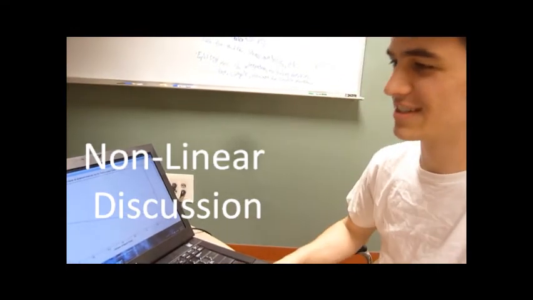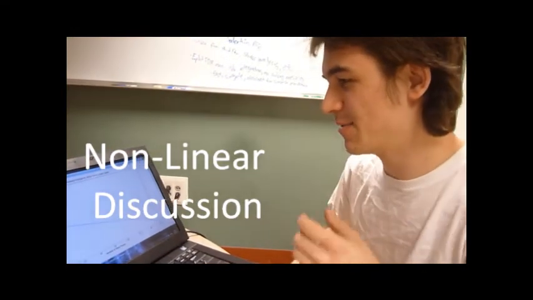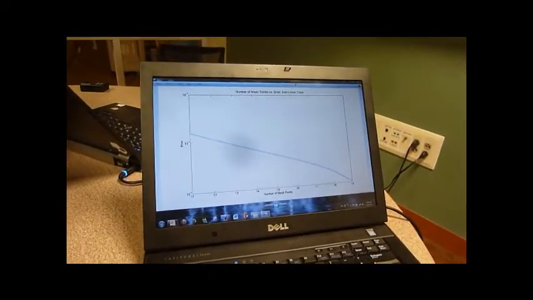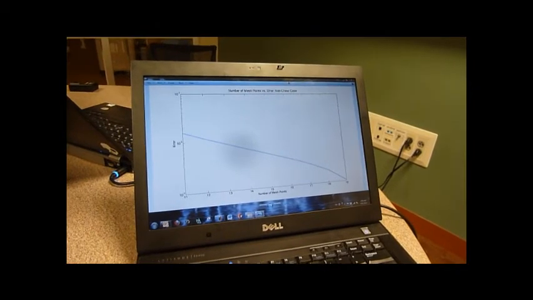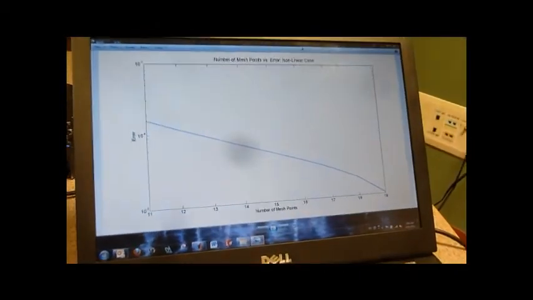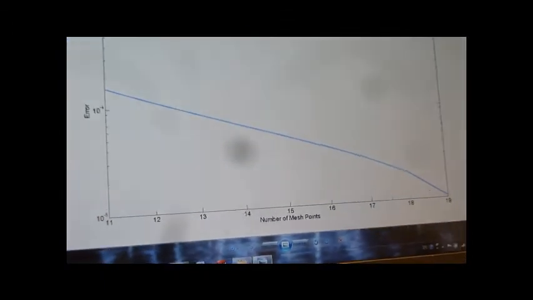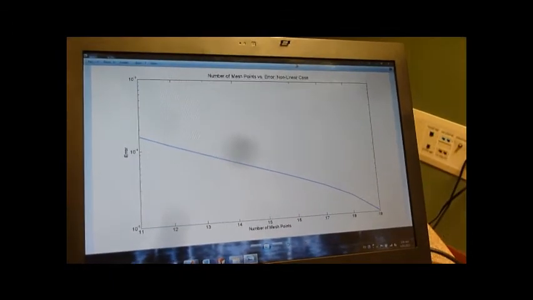To look at the characteristics of the nonlinear equation, we made a little script that runs through a bunch of different meshes for the X mesh of points, going from 11 to 19. So these all start out at our initial condition, but this gives us more resolution the more points we have.